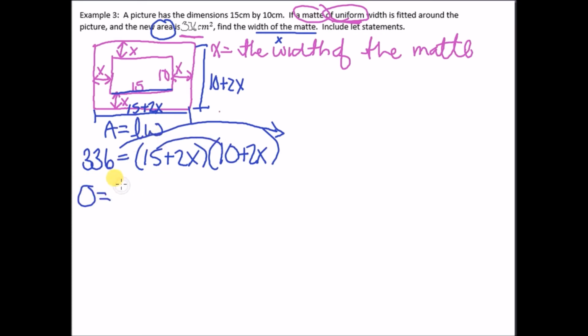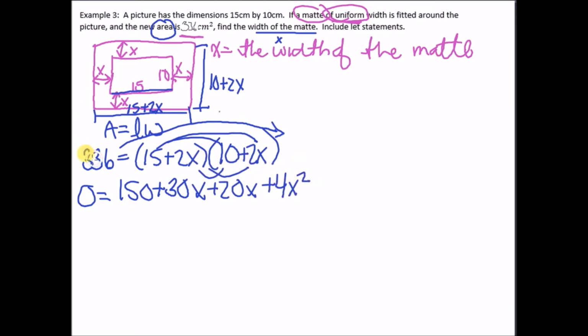Okay, so 15 times 10 is 150. 15 times 2x is 30x. 2x times 10 is 20x. 2x times 2x is 4x squared. Then you bring over the negative 336.